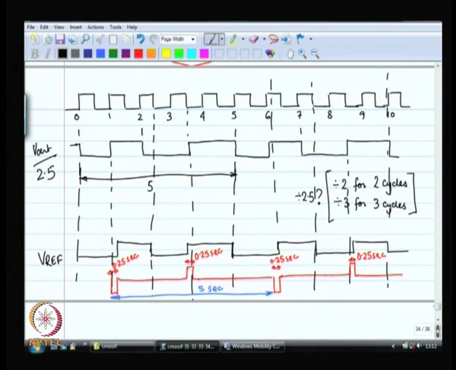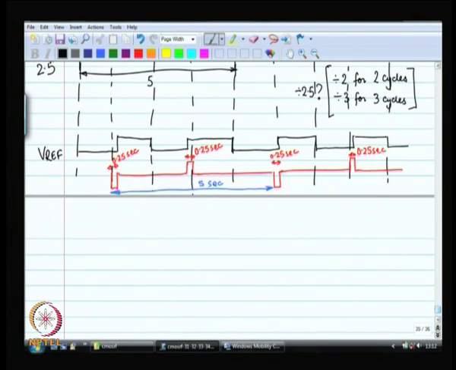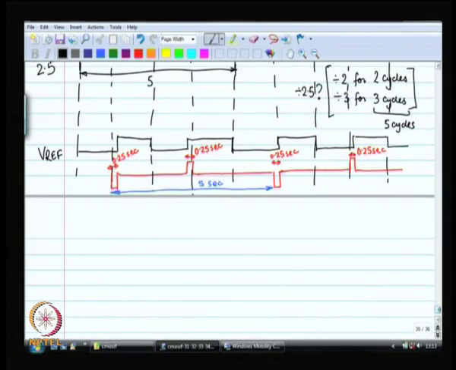Okay. So, over 5 cycles, I have done my job, and for some of these 5 cycles I have divided by 2, some of these 5 cycles I have divided by 3. Let us try to generalize.